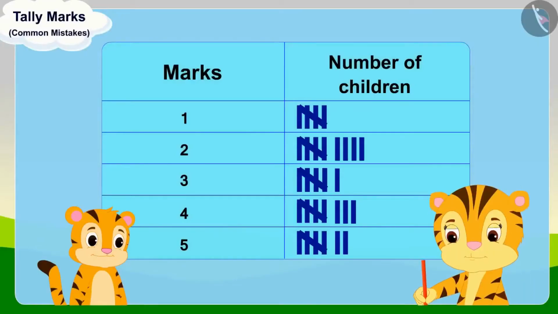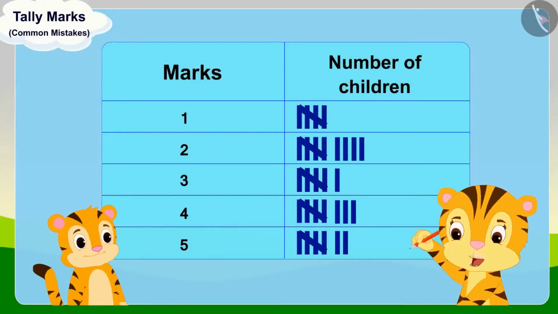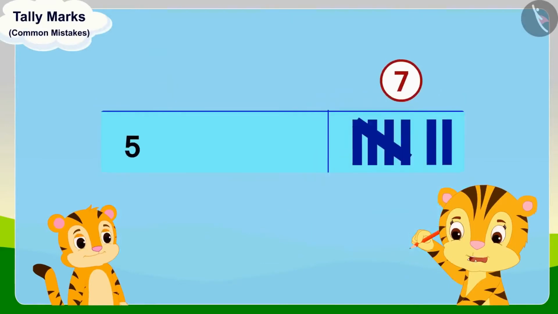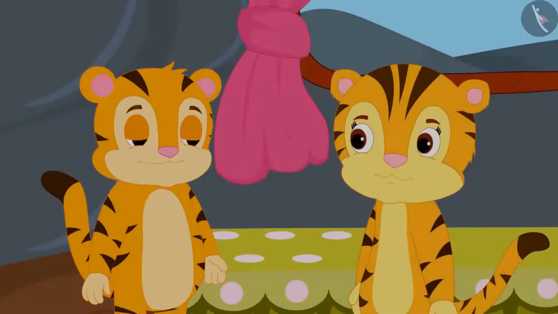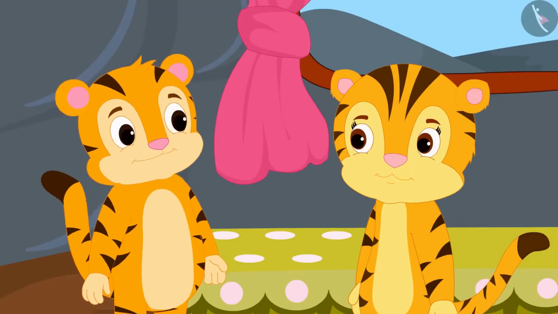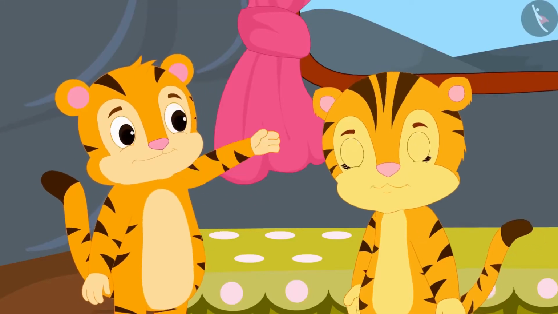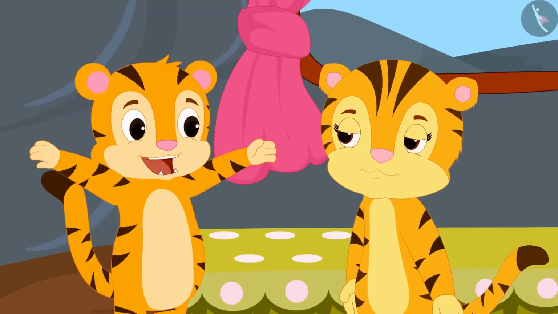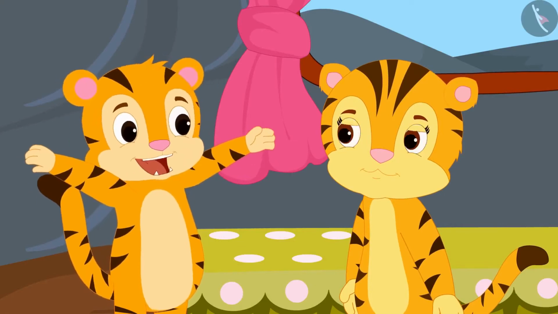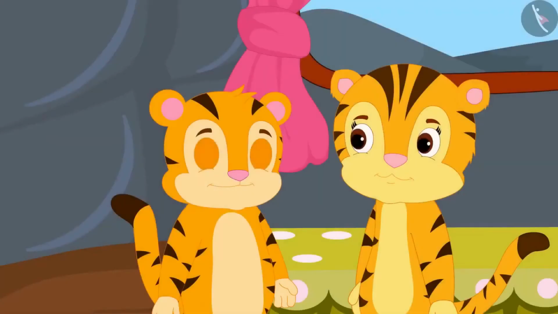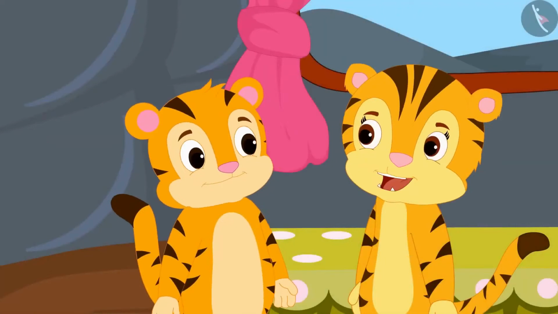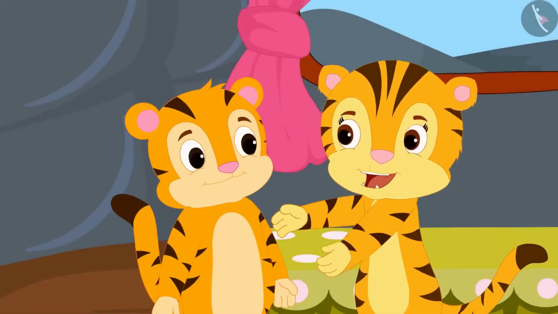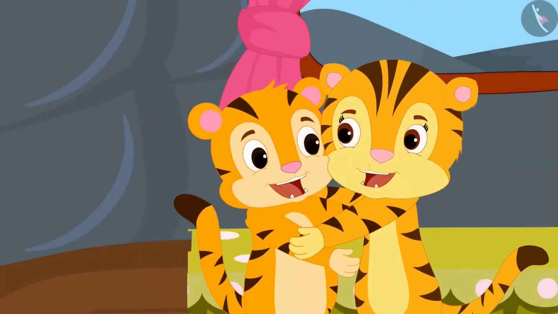Mrs. Khan said to Sher Khan, Look, son, 7 children in your class got 5 out of 5 marks. Upon hearing this, Sher Khan promised Mrs. Khan that next time he too will study more diligently and get the highest marks in the class. Mrs. Khan became very happy and hugged Sher Khan.